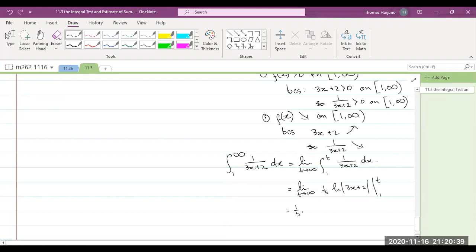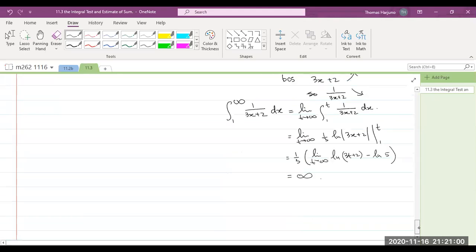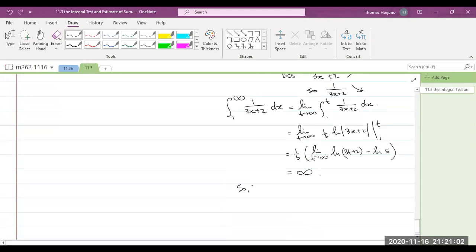Okay, so this is 1/3 times the limit as t goes to infinity of natural log of 3t plus 2 minus natural log of 5. But this will go to infinity. So by the integral test, the series is divergent.